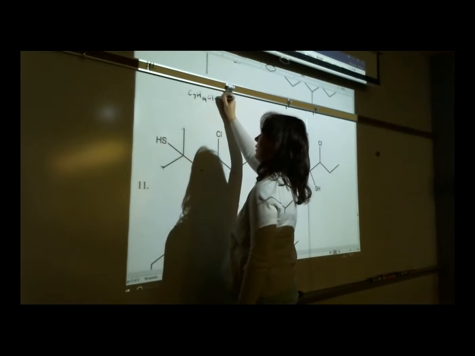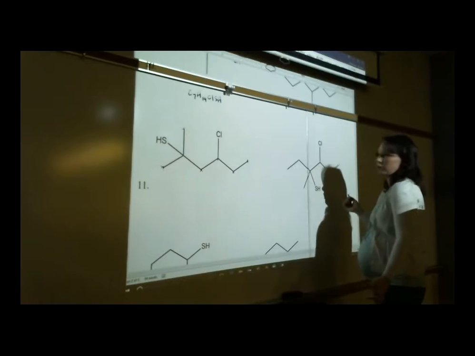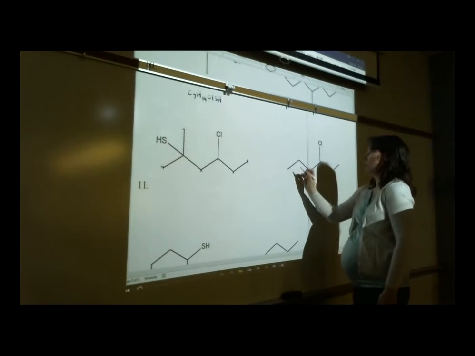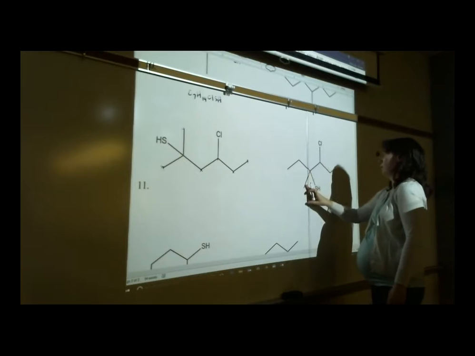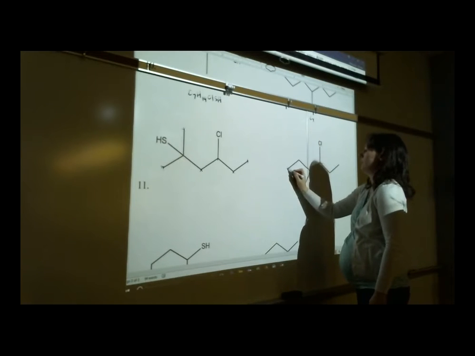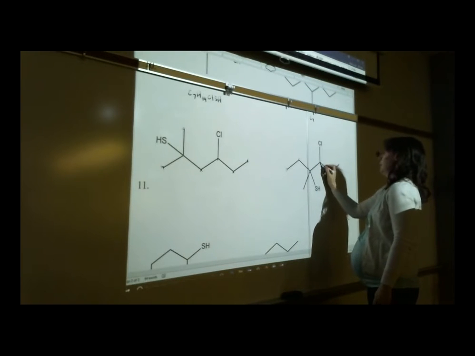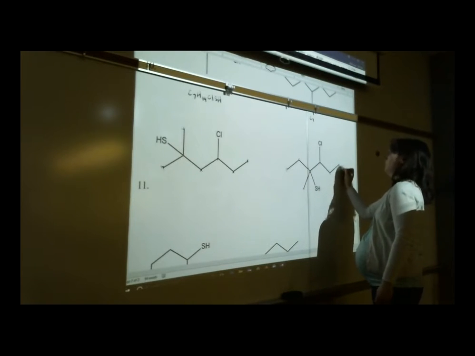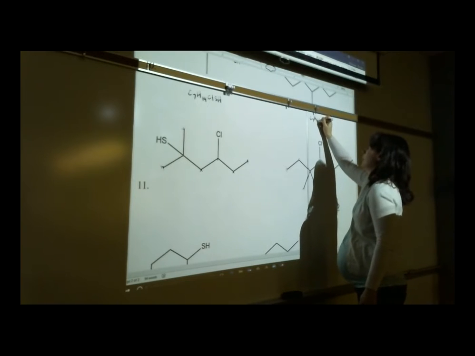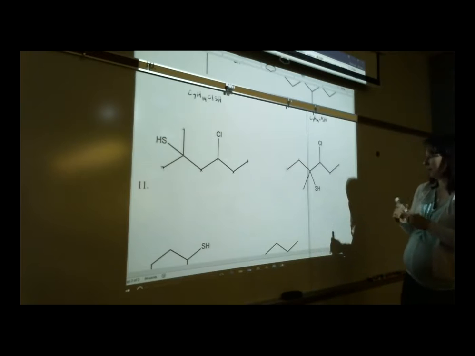Let's do Cl, SH. We're not really worrying about order here. We just want to make sure we've got the same empirical formula. So they have the same empirical formula, right?